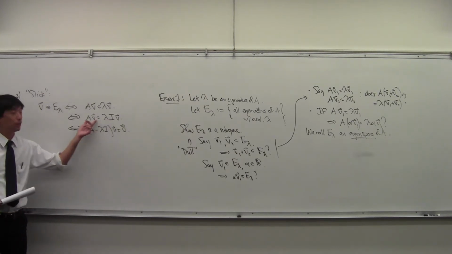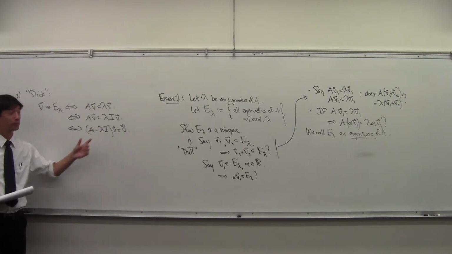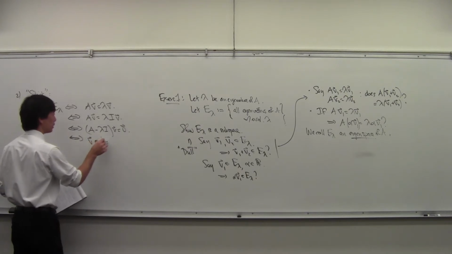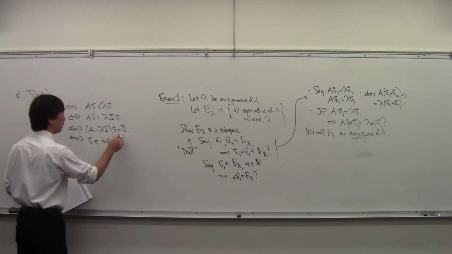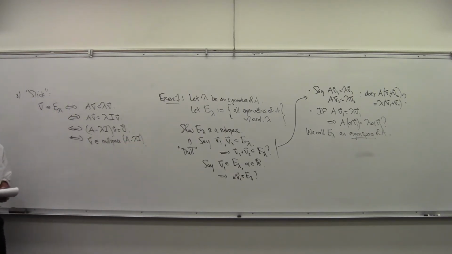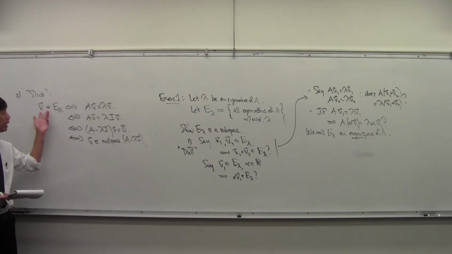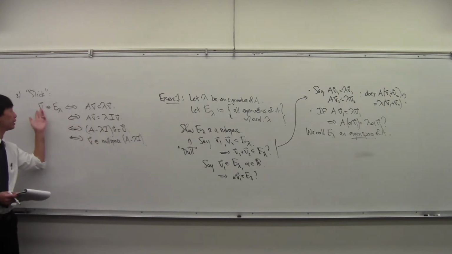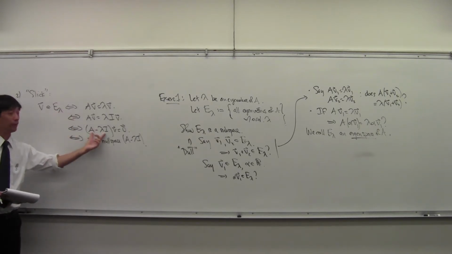I move these guys to the left side, and then I distribute the v out. But what's that saying? That's saying that v is in the null space of A minus lambda I. You are an eigenvector with eigenvalue lambda if and only if you're killed by the A minus lambda I matrix.